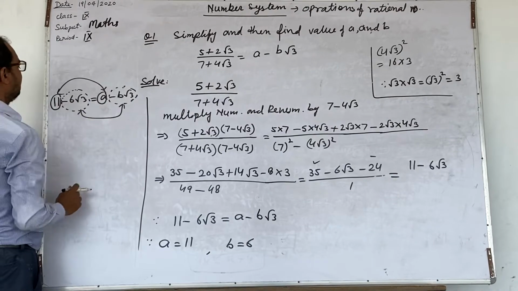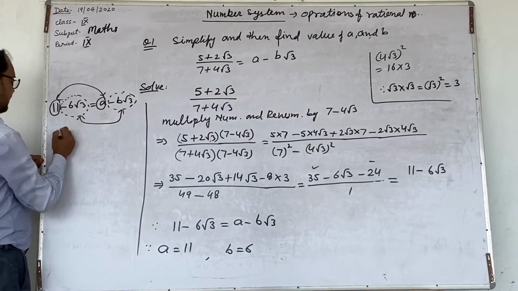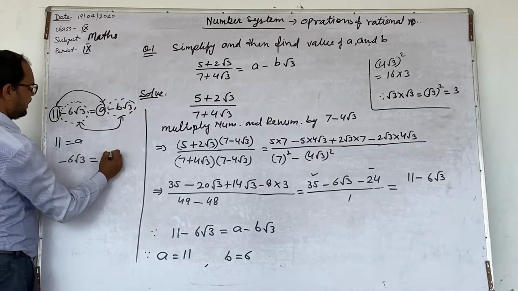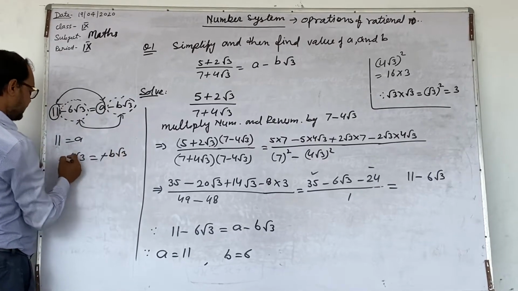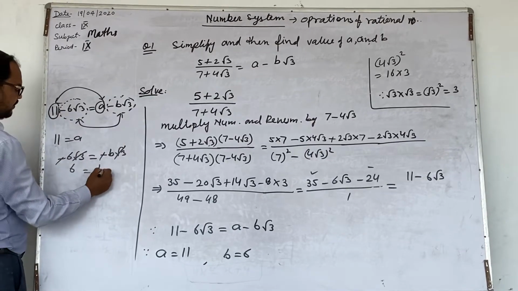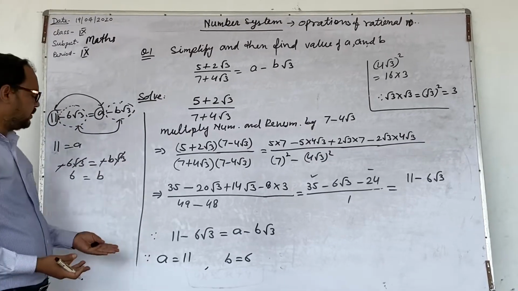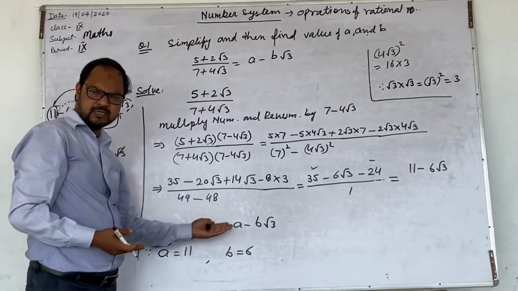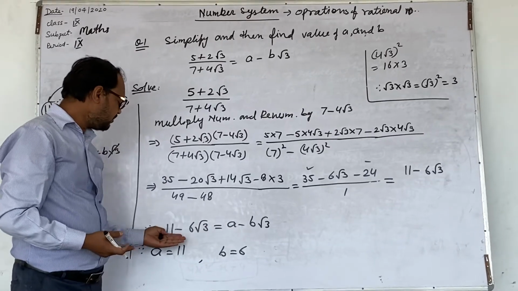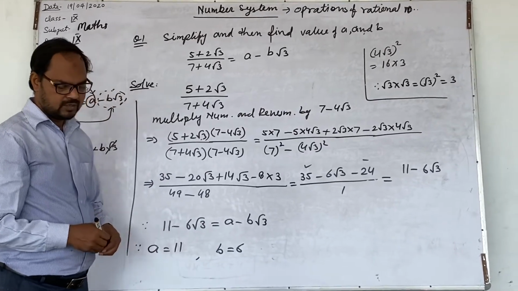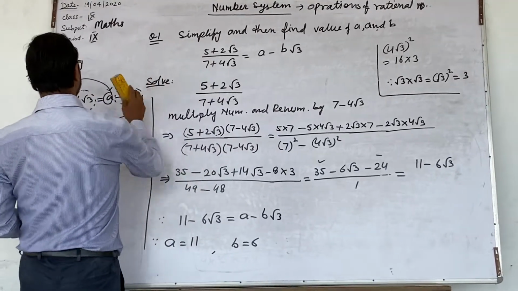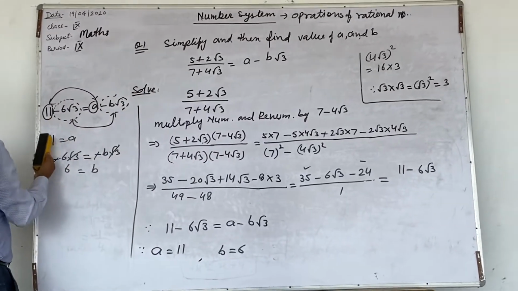Just photocopy it. a is 11, and minus 6 root 3 equal to minus b root 3, minus cancelled out, root 3 cancelled out, b is 6. ठीक है, जस्ट ये फोटोकॉपी है, दोनों साइड में आप सिंपल सेम टाइप के टर्म्स का फोटोकॉपी कर लीजिए, आपको सेम मिल जाएगा ए क्या है बी क्या है। ओके, नाउ टेक अनदर एग्जांपल. This is also written for your help.